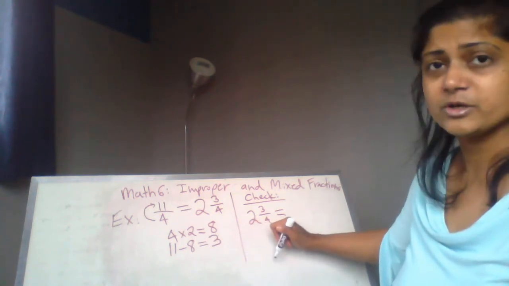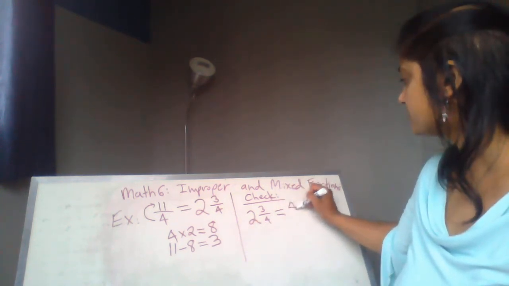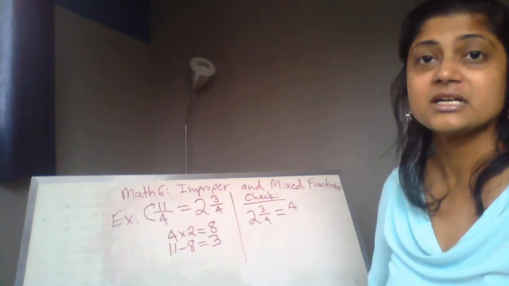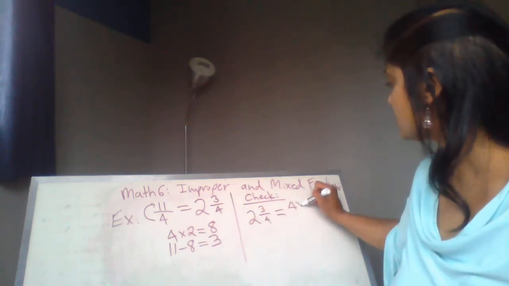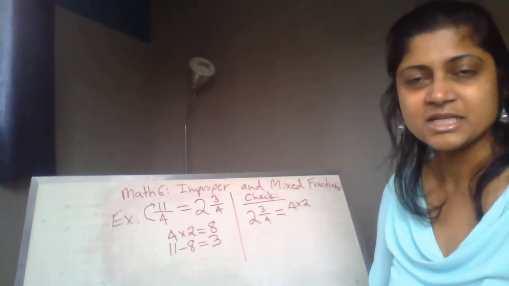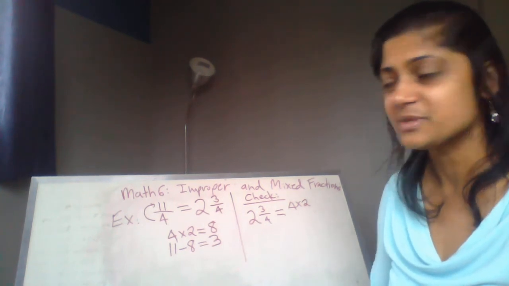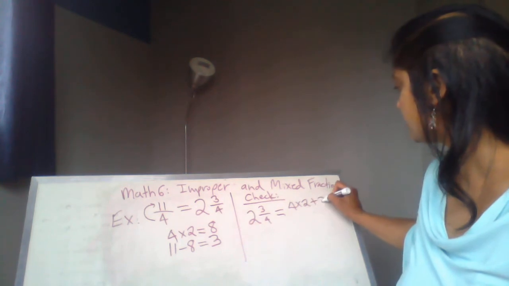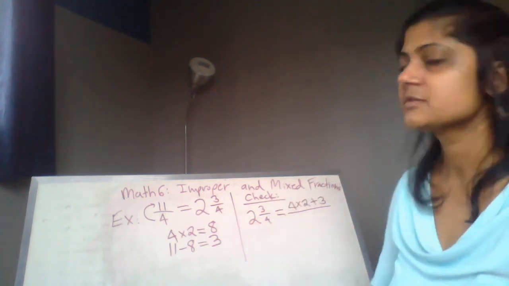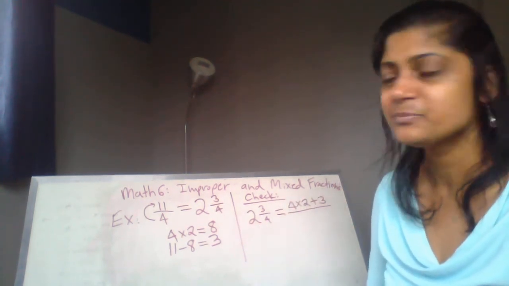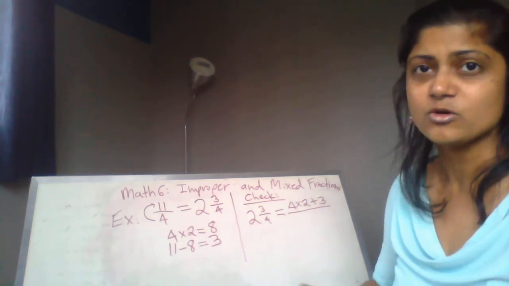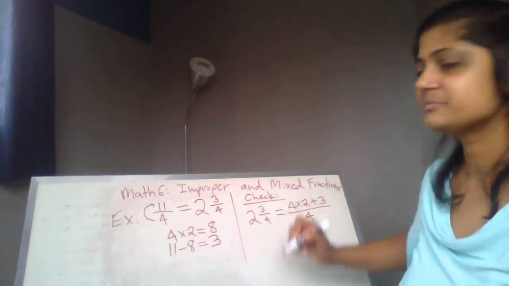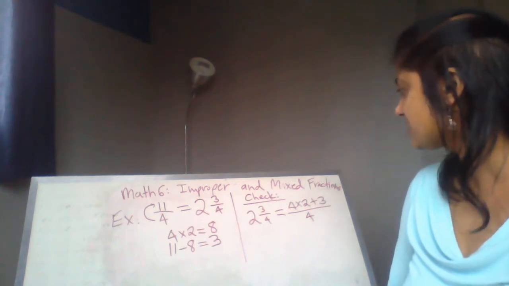So for the numerator, we're going to take 4, okay, which is the denominator, times the whole number, which is 2, okay? And then what you're going to add is going to be adding the numerator, which is 3. So we'll put plus 3, okay? And the whole denominator, or the whole fraction, is going to be over 4. I'm not changing the denominator here, okay? So just like this.